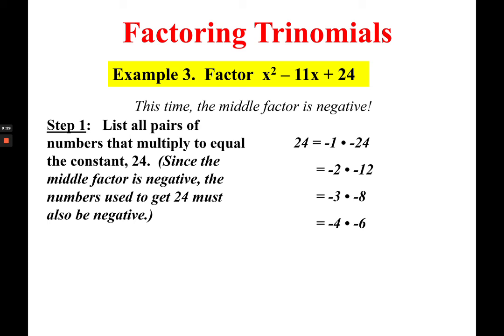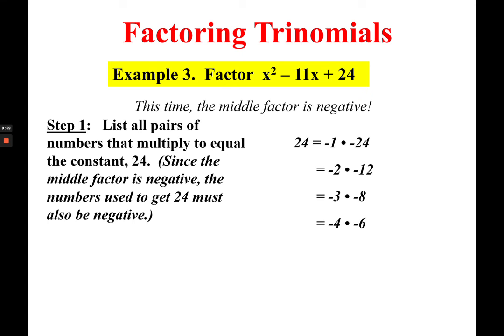Here are the lists. We didn't include positive because positive times positive is not going to give us negative 11. So which of the following factors of positive 24, which is negative times negative, gives you a sum of negative 11?